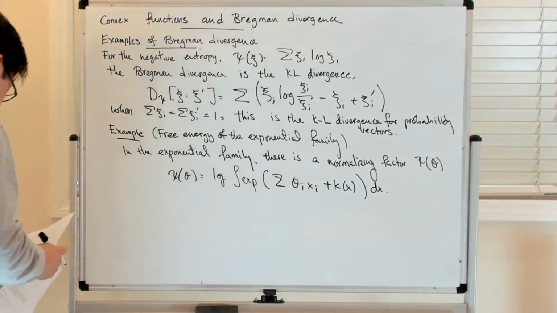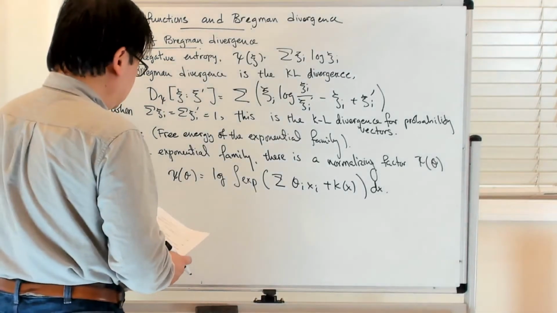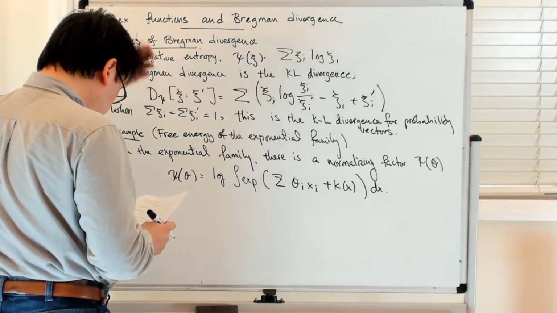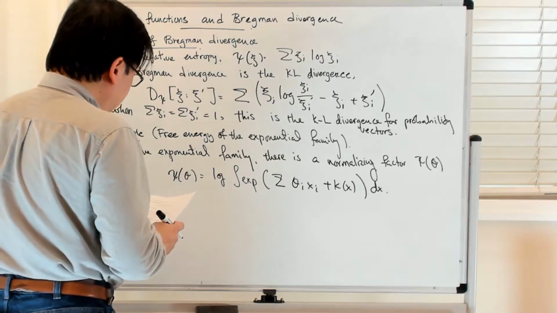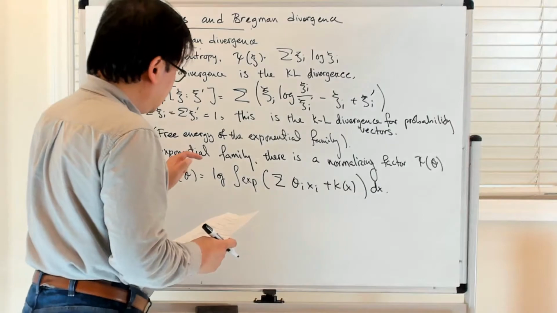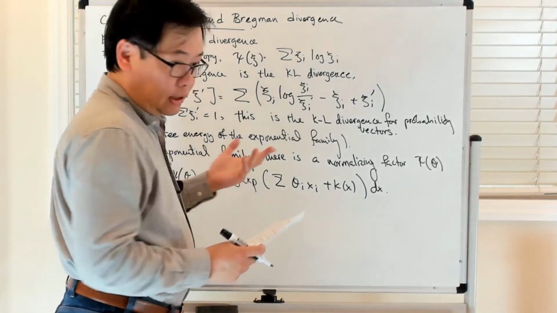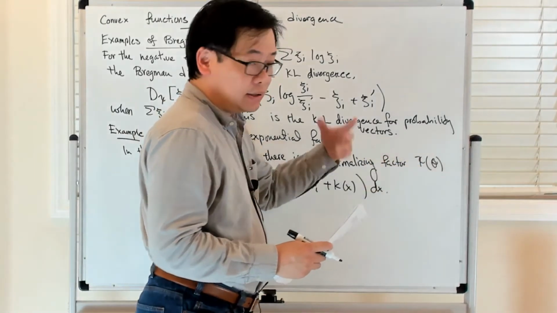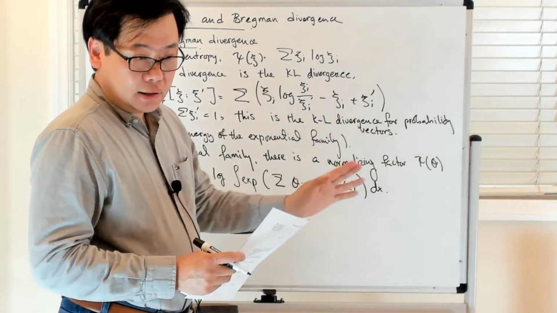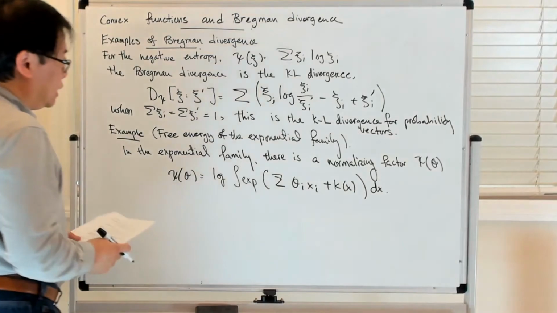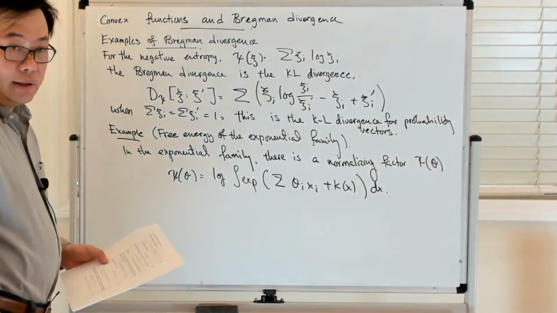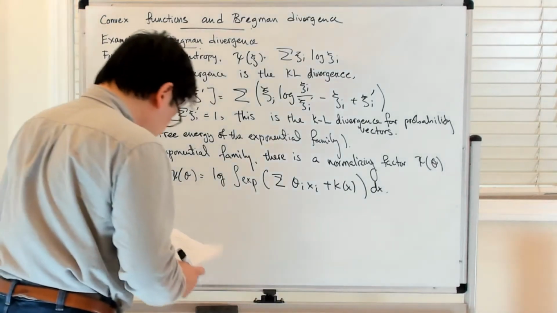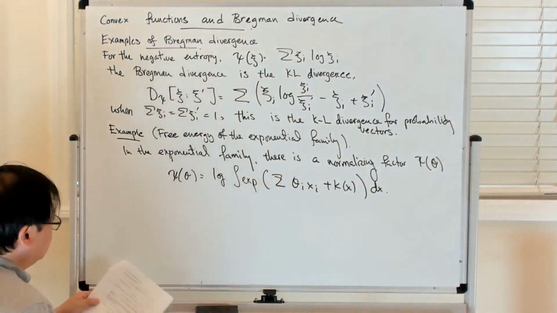Okay, all right. So what we want to do is to construct the gradient of this normalizing factor, because that's how you construct this hyperplane at a point, and then use that to construct the Bregman divergence associated with that convex function.